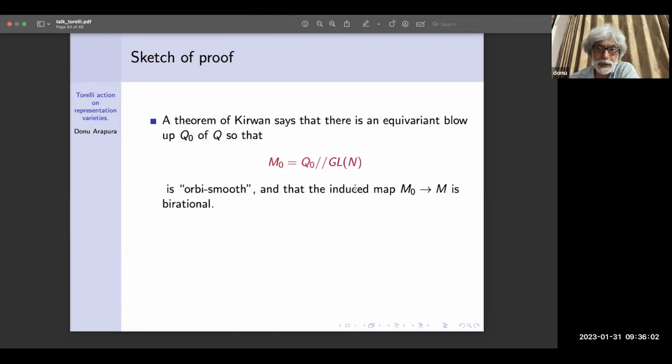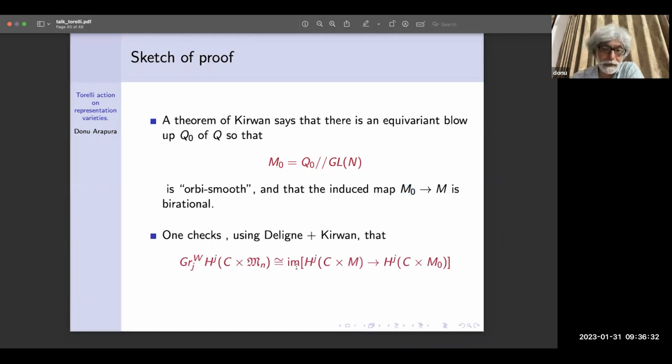M naught is the first stage in this hypercover, and I don't think I need to tell you what the next stage is. But in case you want to, you would take the fiber product of M naught cross M naught over M, and then apply Kirwan again, and that's M1. And you keep going if you want to build a whole hypercover.